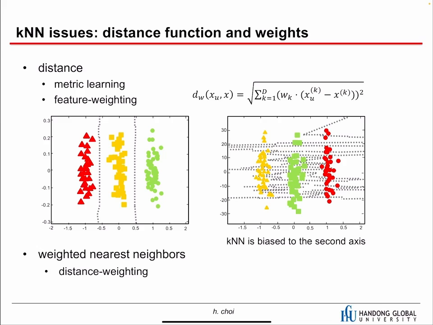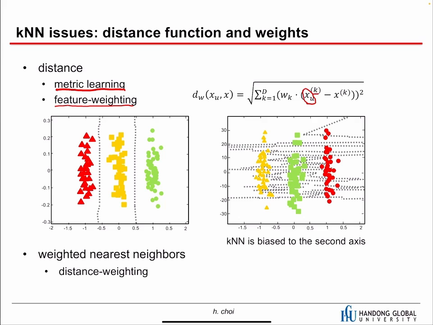First of all, the distance function is a problem. To solve this issue, we can use a metric learning approach, or we can simply use feature weighting. In feature weighting, we have one training sample here, and k is the dimension of the feature.